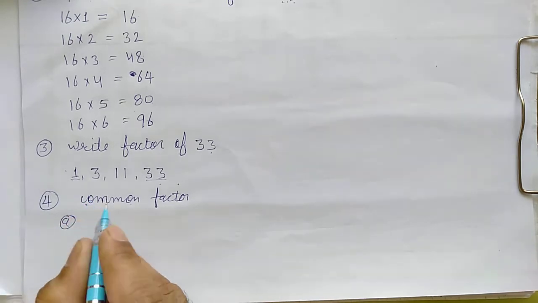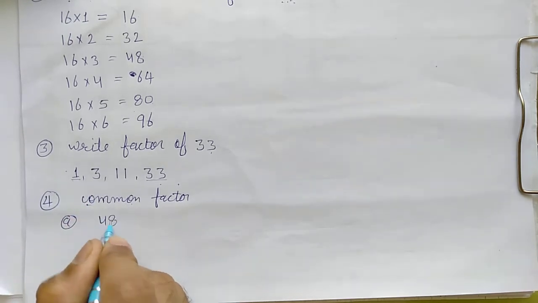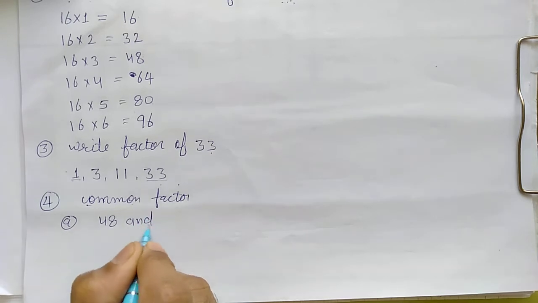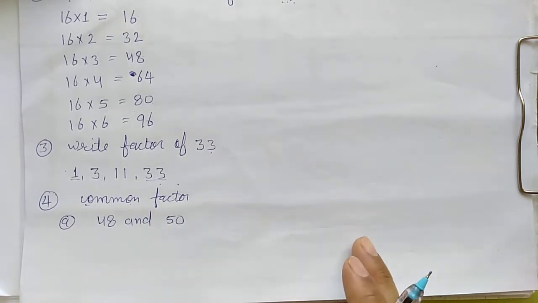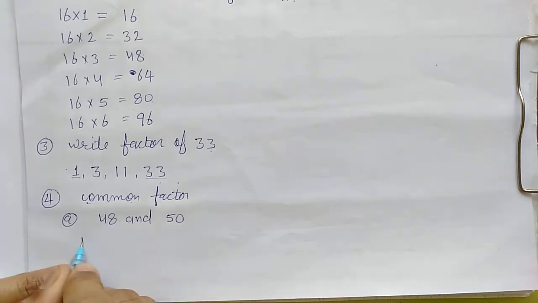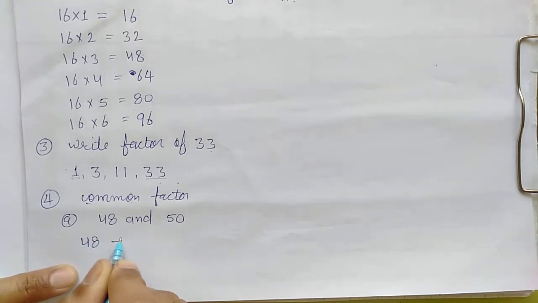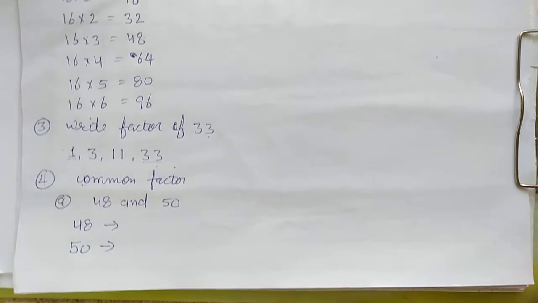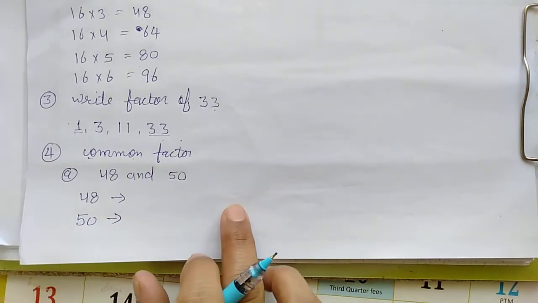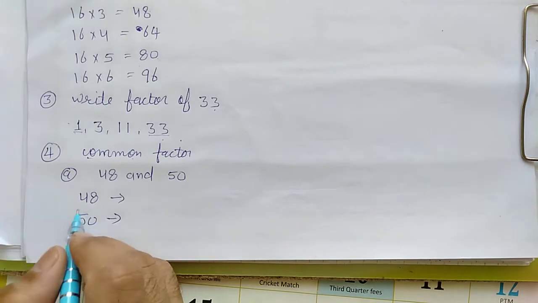Here question A is 48 and 50. Now we have to find the common factors. So first find the factors of 48, I will write here, and factors of 50 I will write here. All factors I will try to write.